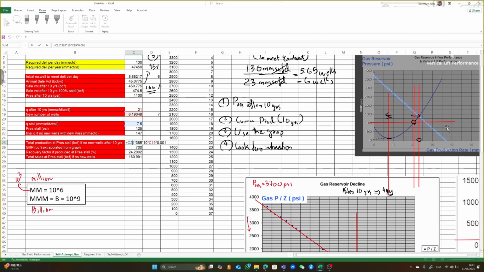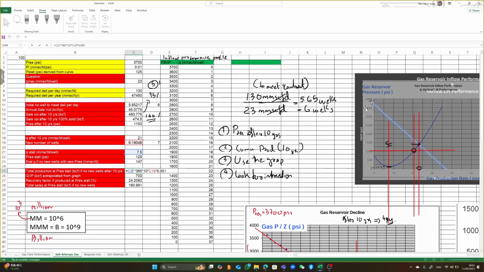Since we are talking about only one well profile in this graph, we have to multiply with the number of wells, which in this case is 7, and then multiply this with 0.001 to make it billion, and it will give us 191.625 billion standard cubic feet that is produced after 10 years as a cumulative production.